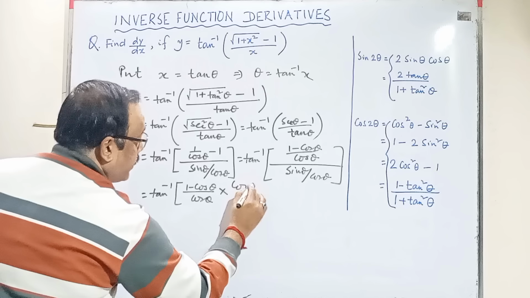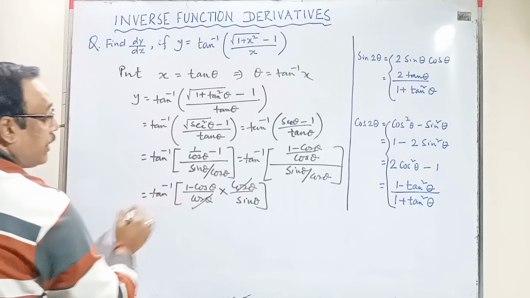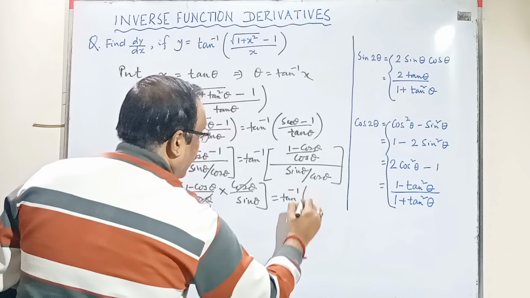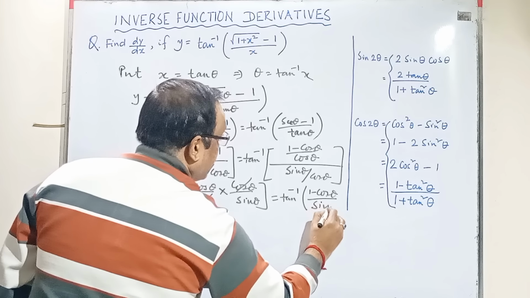Reverse it, so cos theta goes up by sin theta. Cos theta cancels. So we get tan inverse of 1 minus cos theta by sin theta.